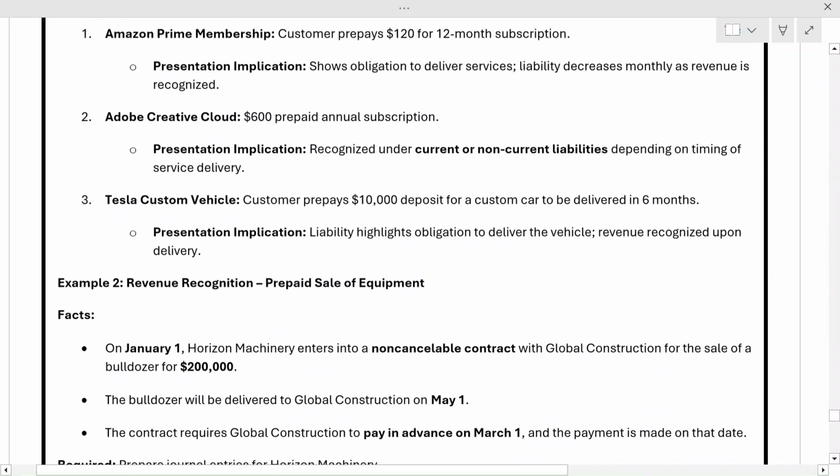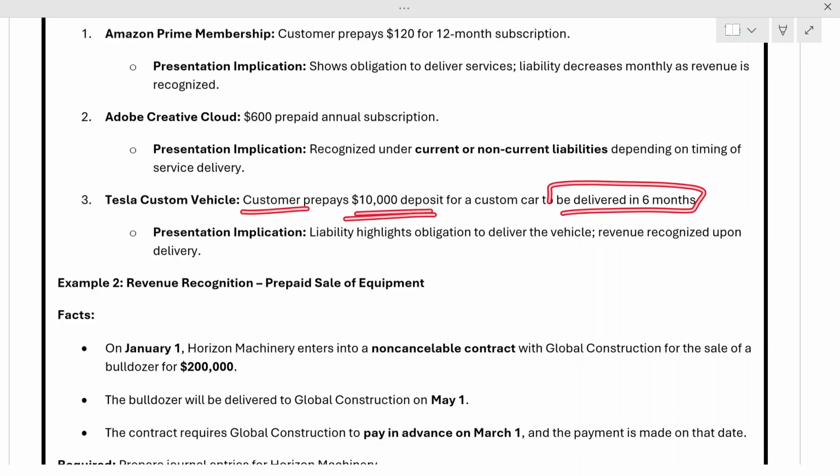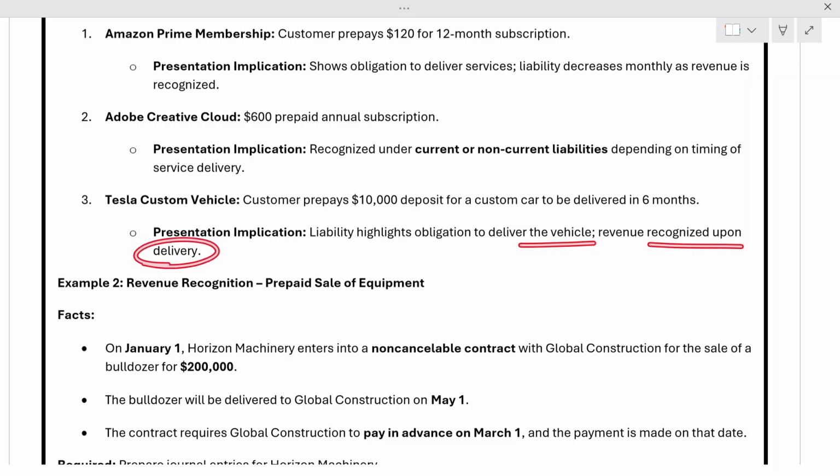Third example: Tesla, where a customer prepays a $10,000 deposit for a custom car to be delivered in 6 months. In that case, what will happen? The liability highlights the obligation to deliver the vehicle, and revenue is recognized upon delivery. So until the car is delivered to the customer, Tesla will show this $10,000 as their liability for delivering the car.